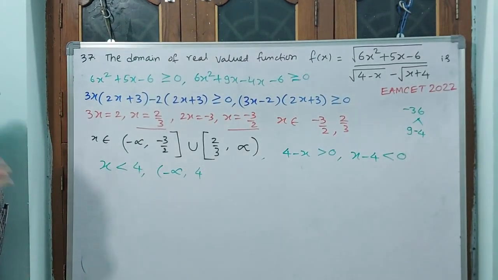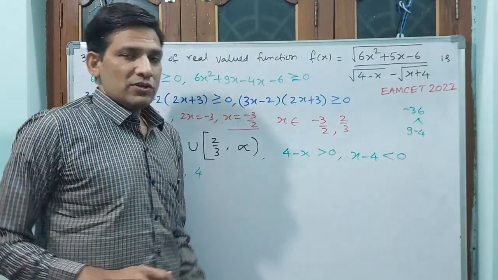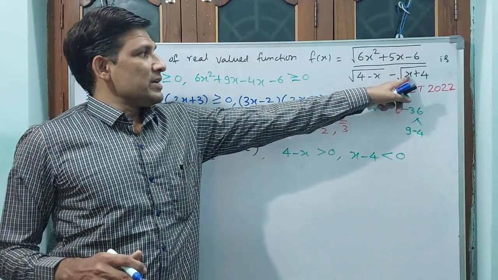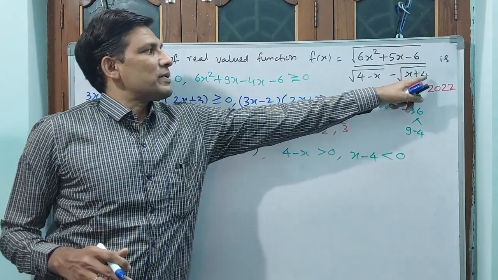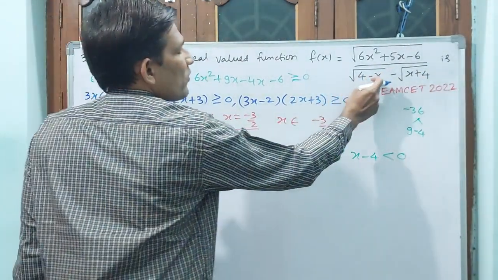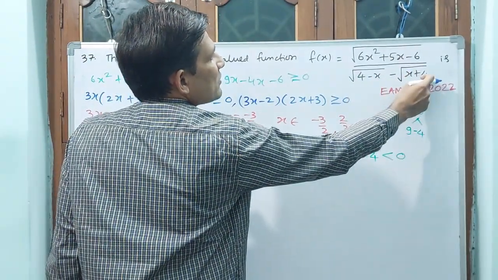Okay, now wait, can you give 4 there? No, why? Because if you give 4, 4 minus 4 is 0. We don't know what will come here. At that time 4 plus 4 will come here. That is not a problem, what I feel. If you give 4, 4 minus 4 is 0, but here 4 plus 4 is 8.